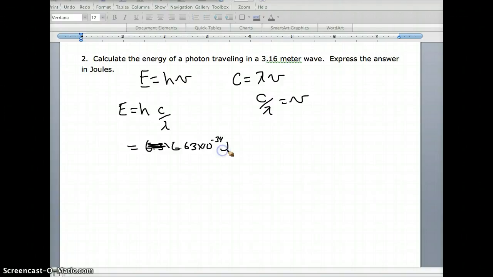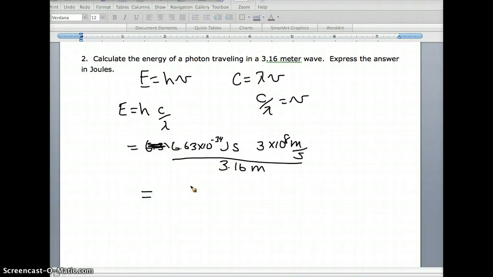Since a hertz is a reciprocal second, you could also call that a joule second. And we know that the speed of light is 3 times 10 to the 8th meters per second. And we know our wavelength was 3.16 meters.